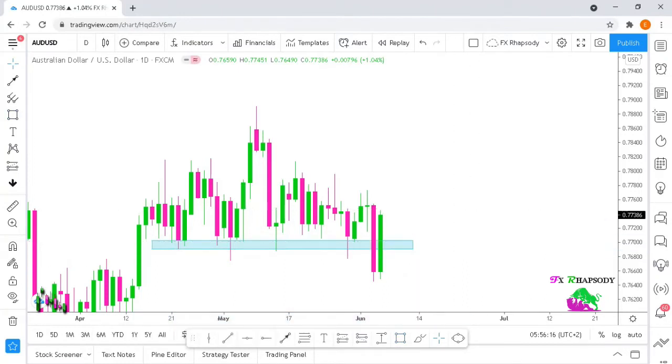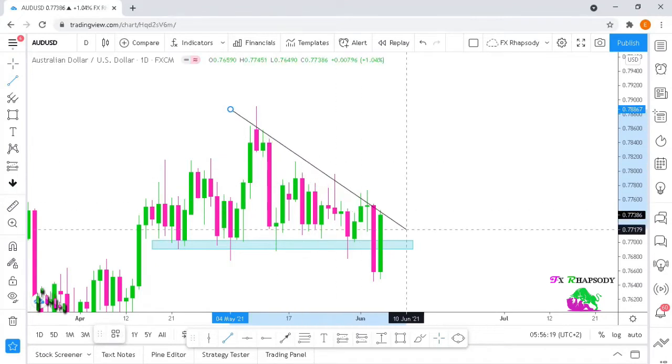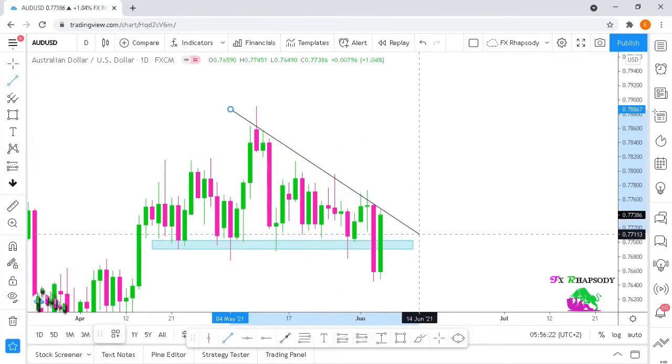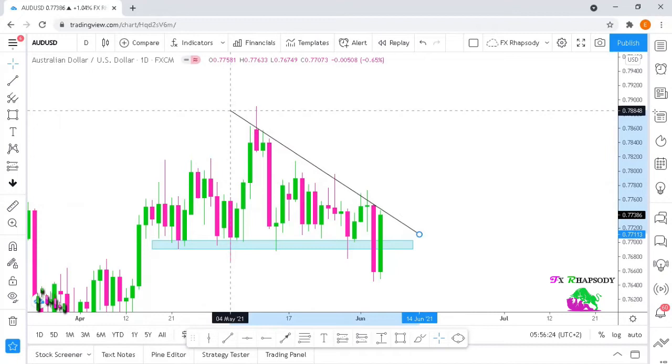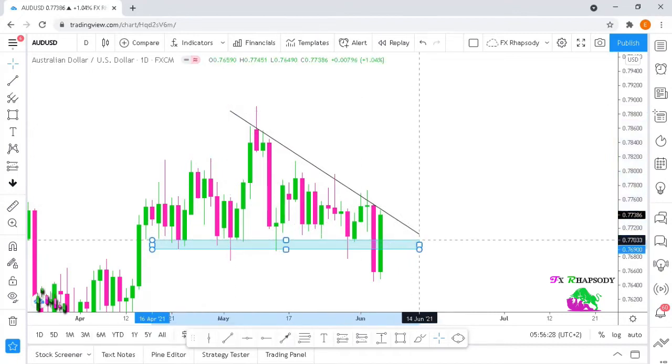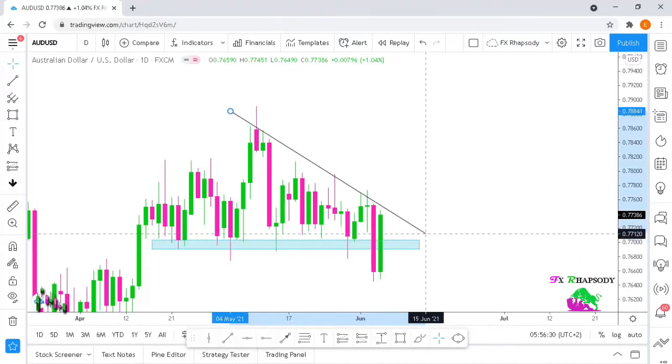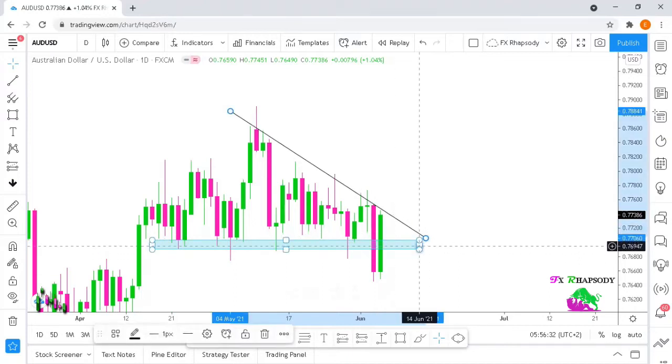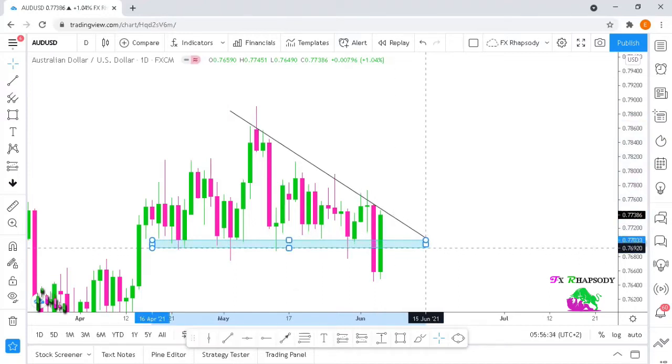We've got this descending trend line going to the bottom as well. Let's just draw that, and we connect the two. So in Forex, we call this a descending triangle, or a descending triangle pattern.